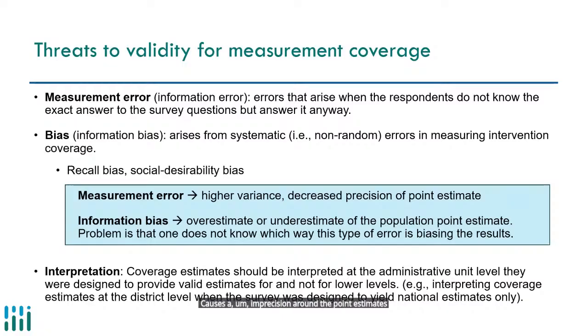But with information bias, one of the challenges is that we may not know in which direction the error is biasing the results, over or underestimating the point estimates. There's also the issue of interpreting coverage estimates: estimates administered at one level may be used to interpret lower levels.